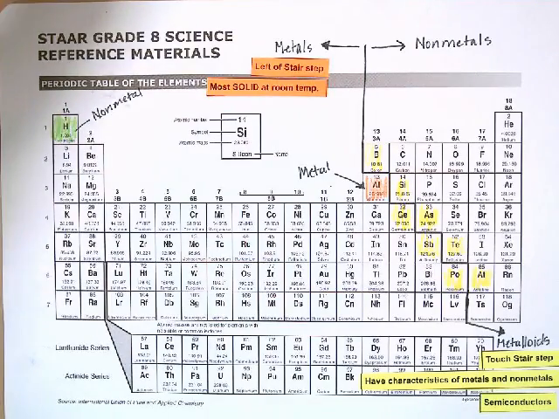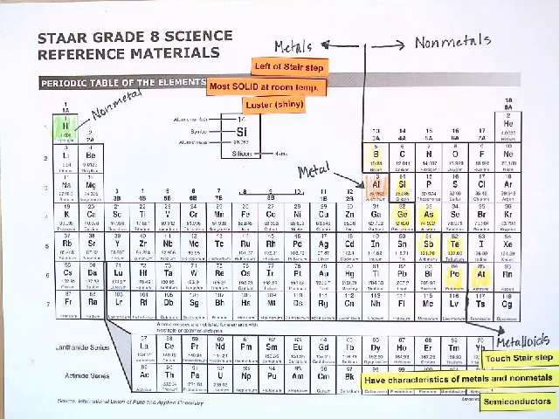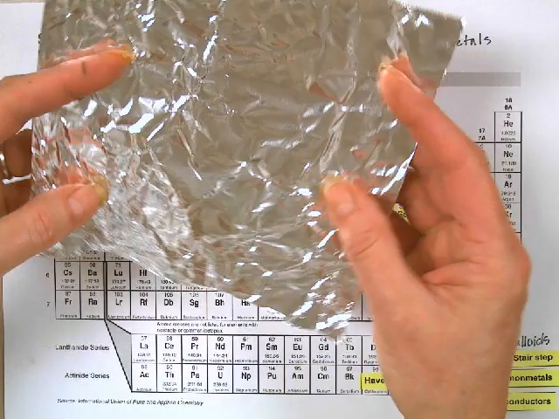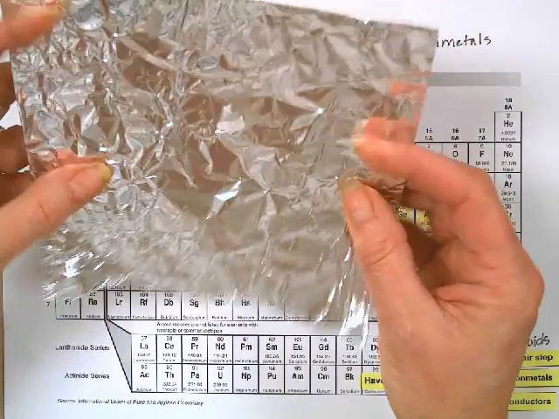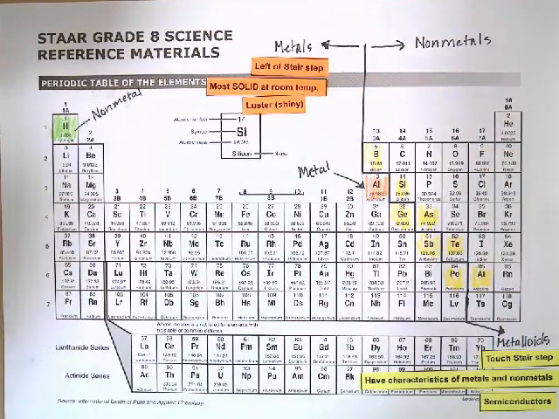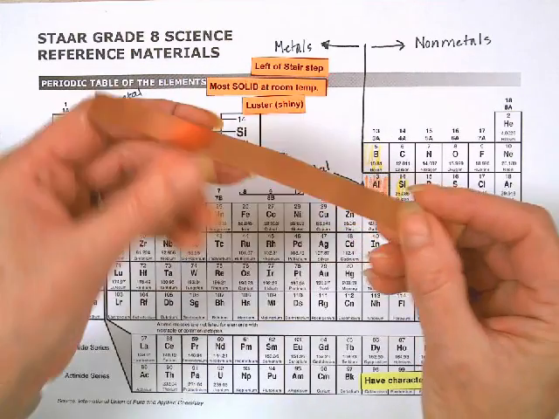They all are shiny, and you've seen metals, you know that. Just from looking at aluminum foil, which you have at home, it's very shiny. So not only is my aluminum foil shiny, but so is any other metal that I pick up here. And this is just some copper.